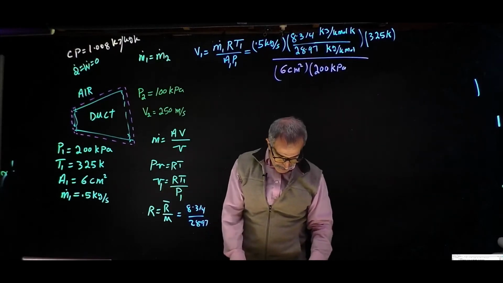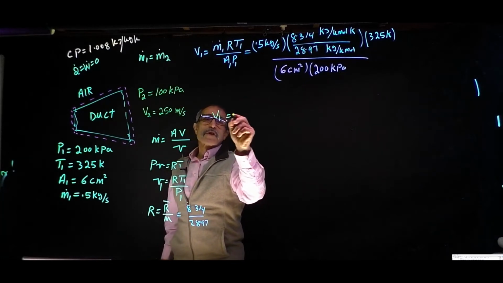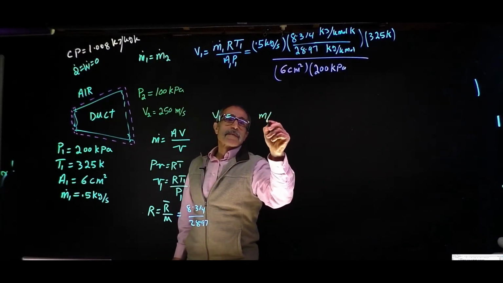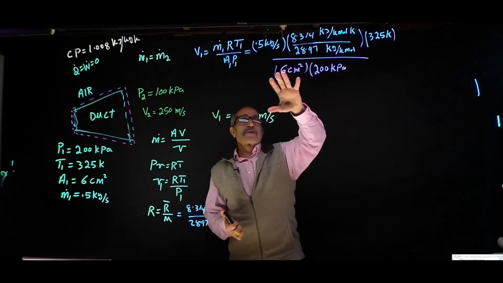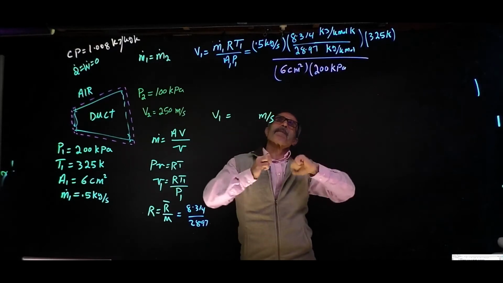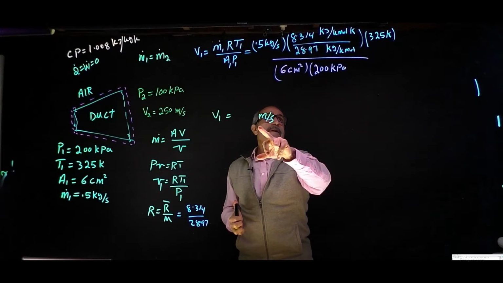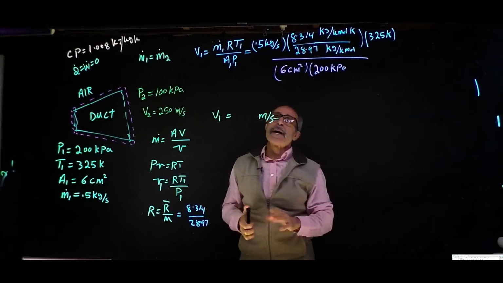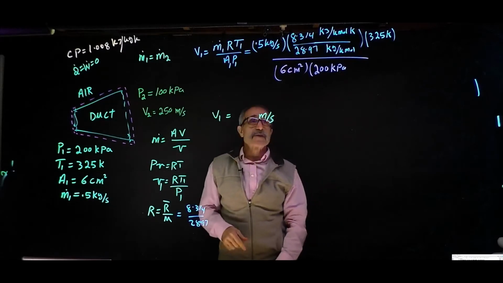So I'm going to write V1, whatever comes out, it should come out to a number in meters per second. You look at this like somebody got all these units and put them in a can and shook it up and put it back in there. So go ahead and make meters per second out of it. Good luck to you. It's not that bad. Relax, we can fix it. Let's delete some of this stuff.